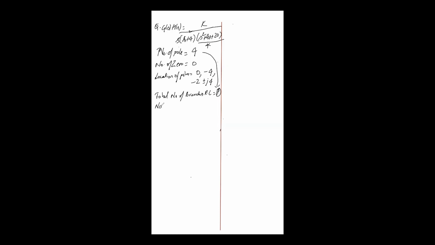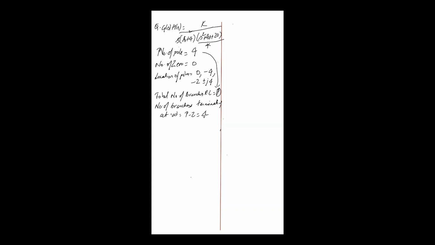Number of branches terminating at infinity is given by P minus Z, which is 4. So 4 branches are there. All the 4 branches will start from open loop poles where K is equal to 0, and all the 4 branches will terminate at infinity.